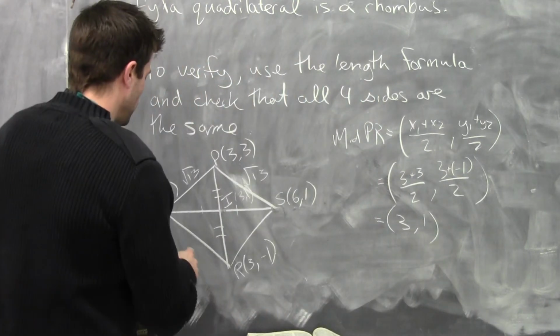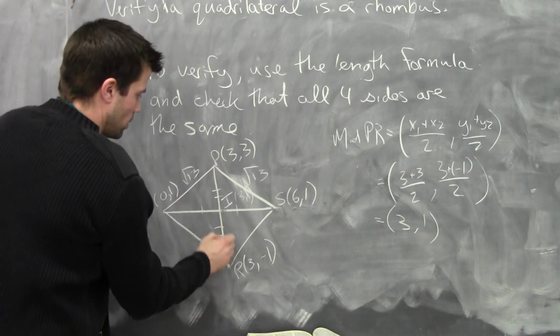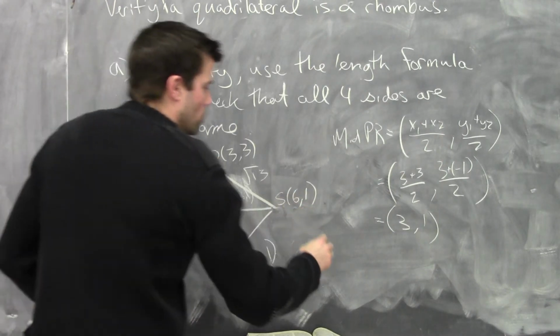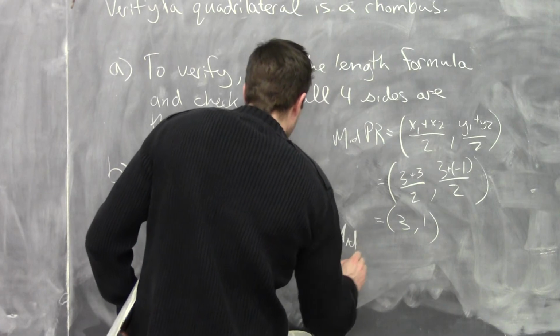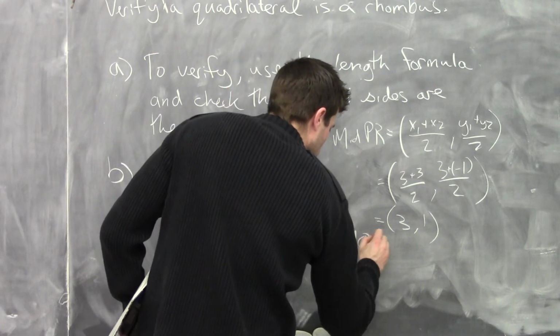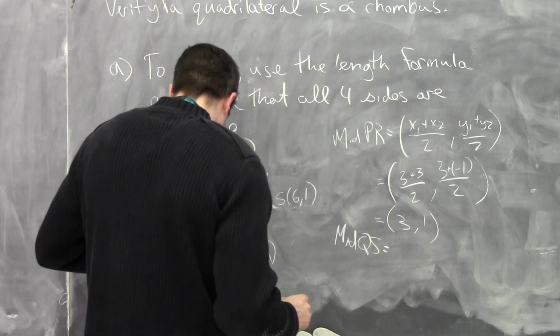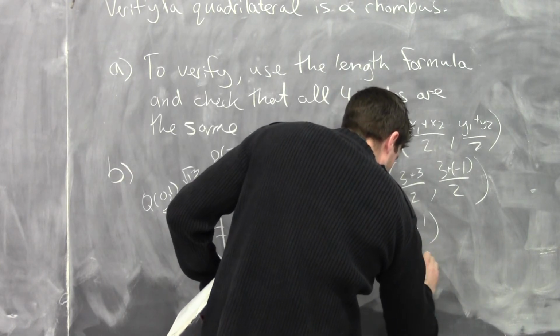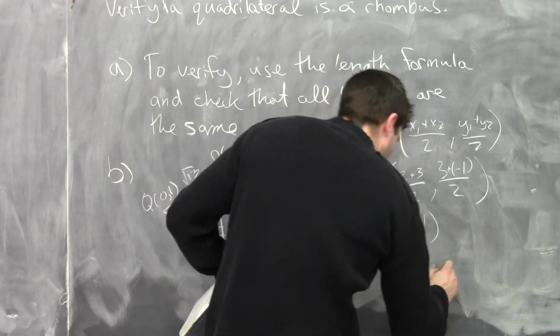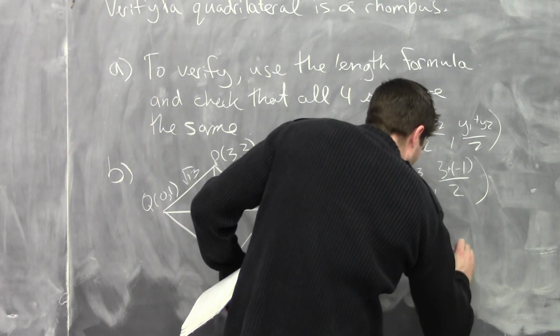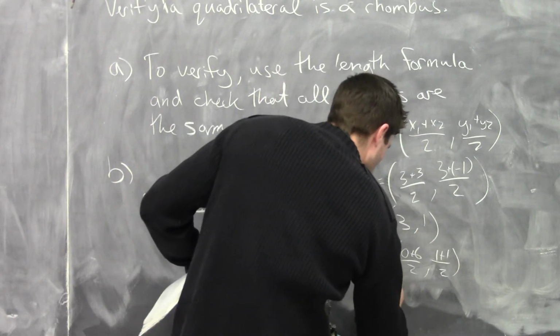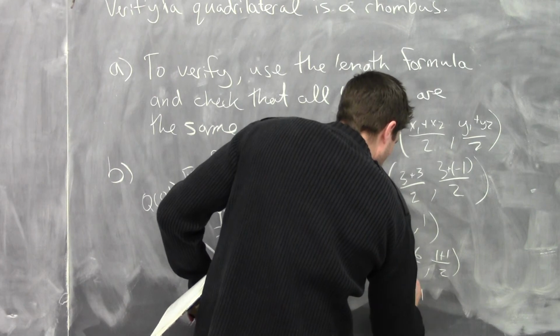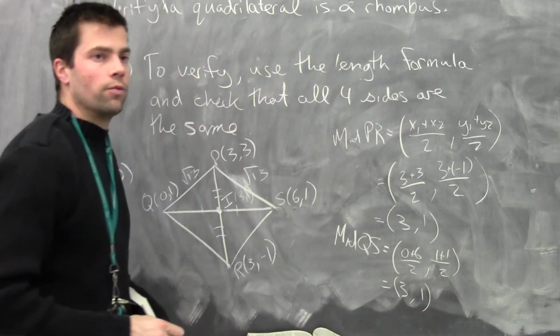So that is the midpoint of PR. Now we want to look for the midpoint of QS. And it's also 3, 1.